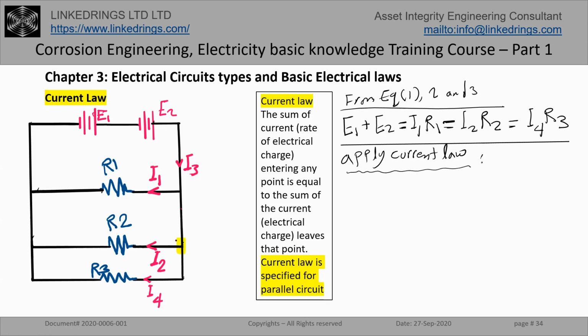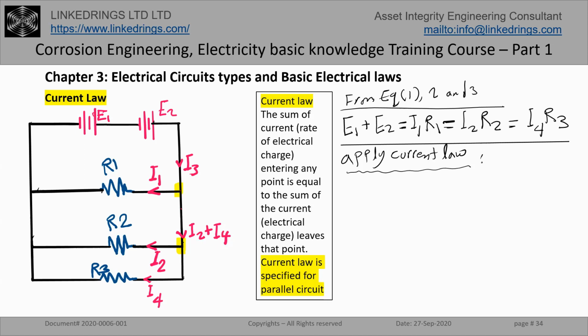Here, at this yellow point, the currents leaving are I2 and I4. The current entering will be equal to I2 plus I4. Let's take another point, this red point.